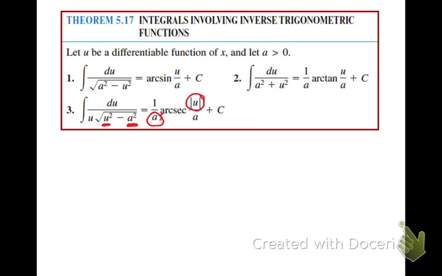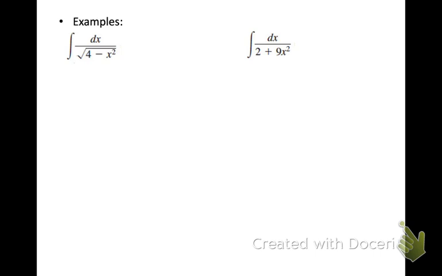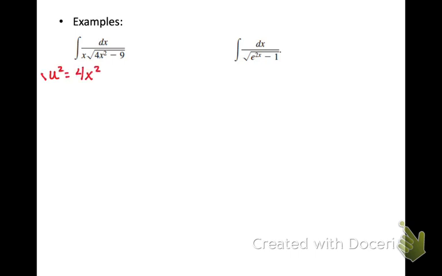I think I jumped a screen. We immediately jumped to the harder problem, but I'm not going to mix it up again. So u squared equals 4x squared. I take the square root of both sides, so u is going to equal 2x.